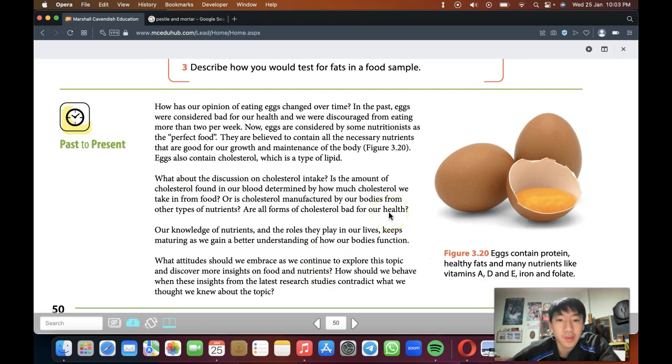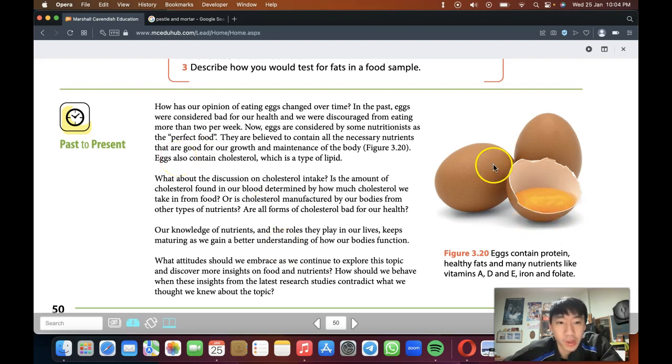Now fats often have a bad reputation, but actually fats are also important for our body. Think about eggs. Some people say, don't eat the center, the egg yolk, because it contains a lot of cholesterol.